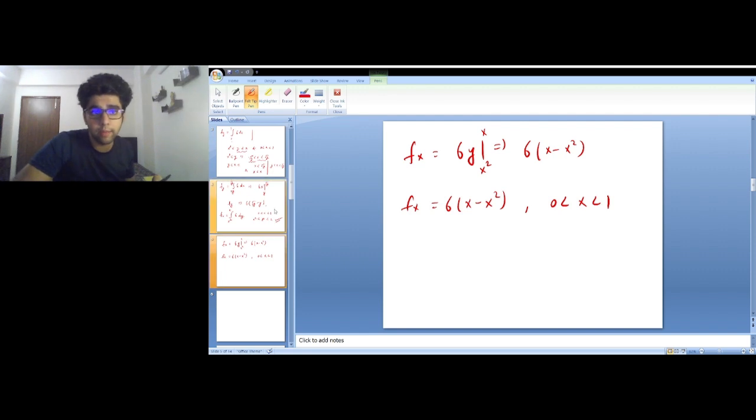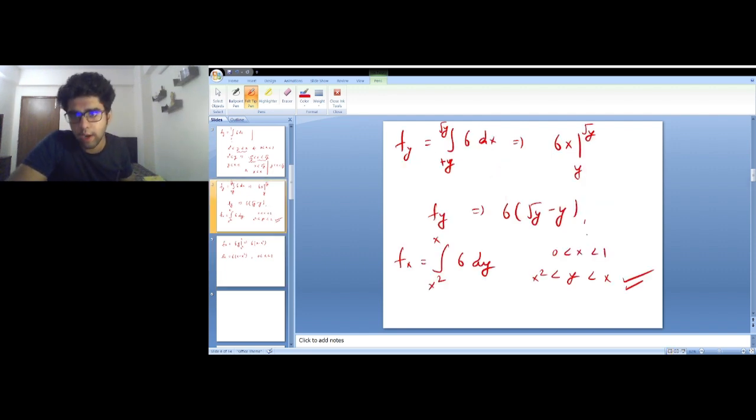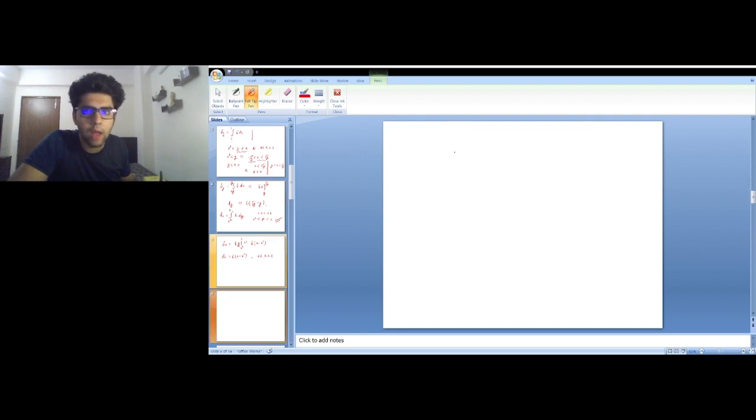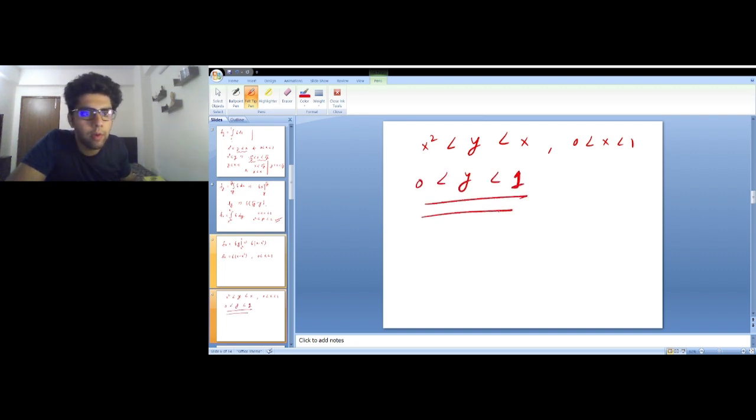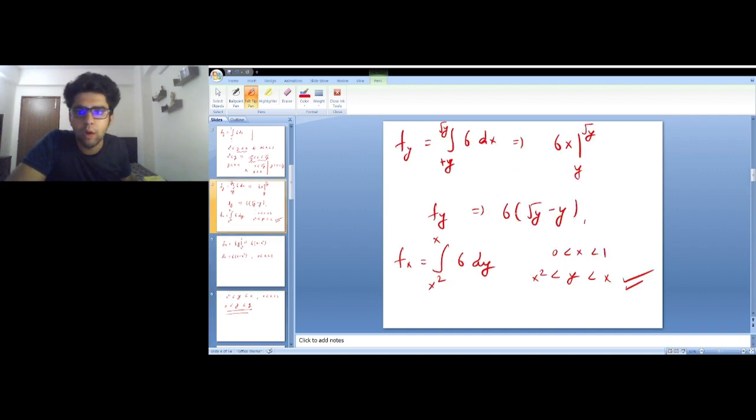Now I didn't write the limits of y here, right? We know that my y lies between x square and x, and also my x lies between 0 and 1. Therefore my y is less than 1 and must be greater than 0. So my y is also between 0 and 1.